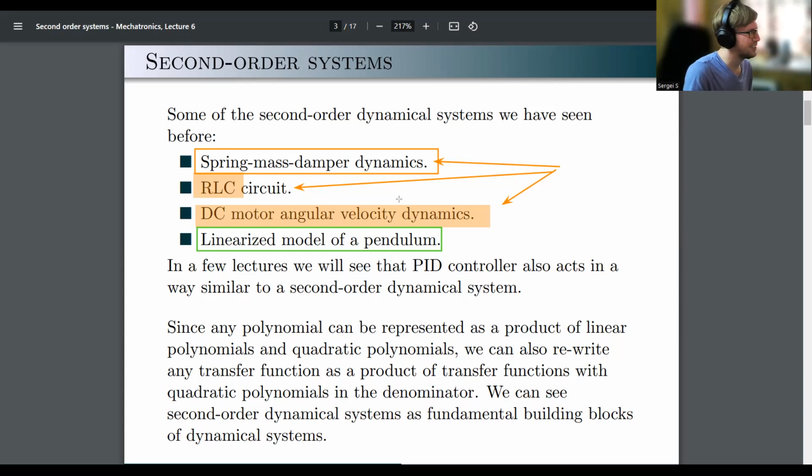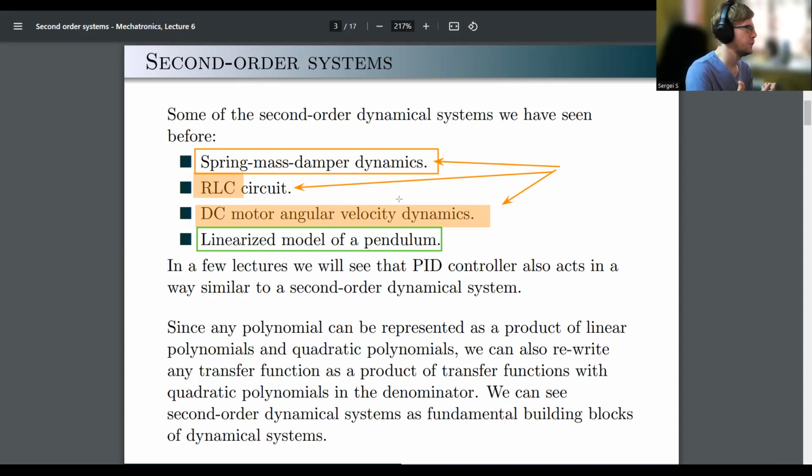Reason number 2 is somehow it happens that a lot of dynamical systems naturally decompose into second and first order systems. And here I'm speaking very abstractly, so I apologize if this is too abstract. But this happens for the same reason as polynomials tend to decompose into second order and first order components, right?